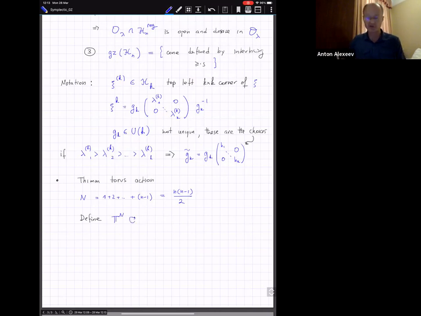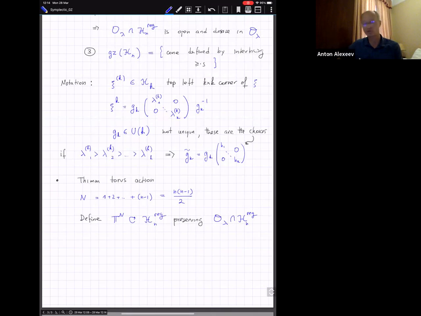And we're going to define its action on Hn reg, preserving each O lambda intersection Hn reg.